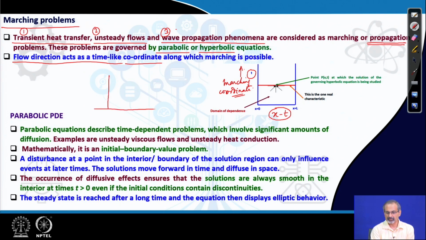An example of unsteady flow can be imagined this way. Let us say you have a channel within which you have a stagnant viscous fluid, and then at t equal to 0 plus, that means a small instant after t equal to 0, you suddenly move the upper plate with some velocity.